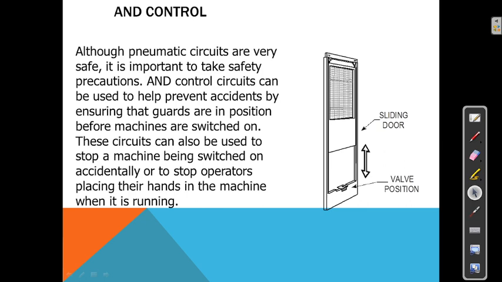These circuits can also be used to stop a machine being switched on accidentally. If the machine is switched on accidentally, we can easily stop that machine with the help of this hand control, as well as to stop the operators placing their hands. If anybody places their hands in the machine, we can easily stop the machine with the help of this hand control. So this is the AND control.